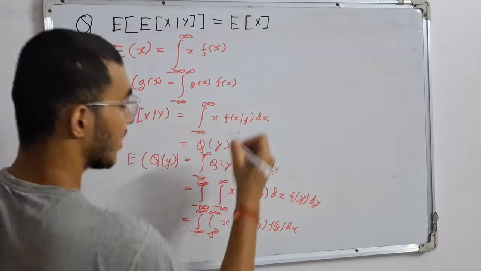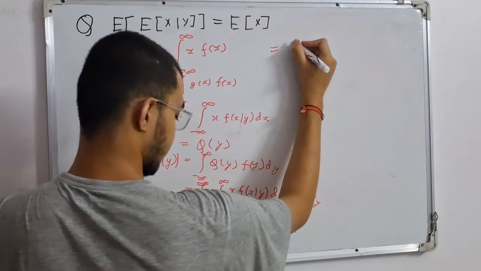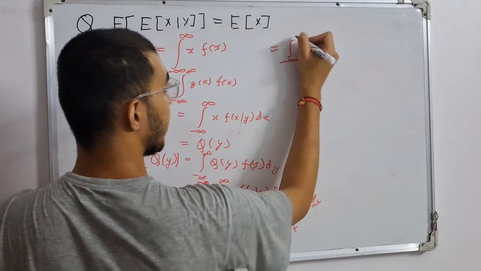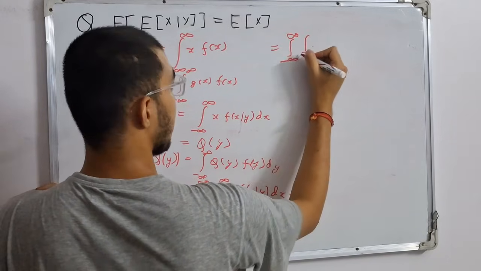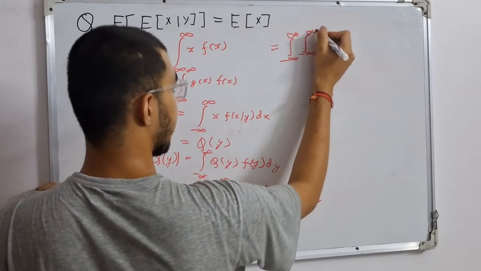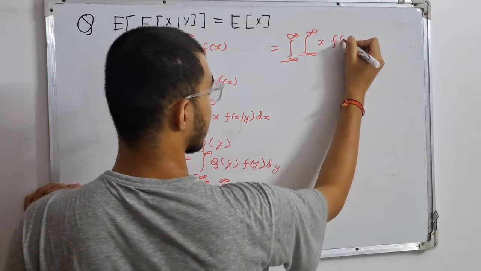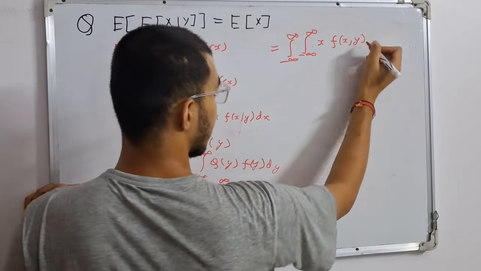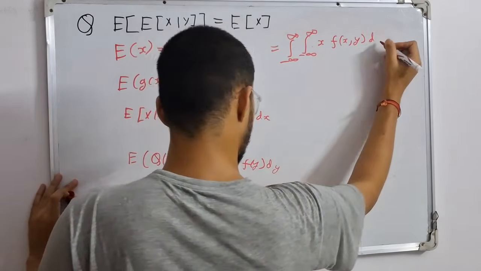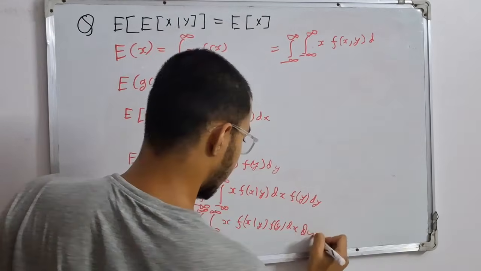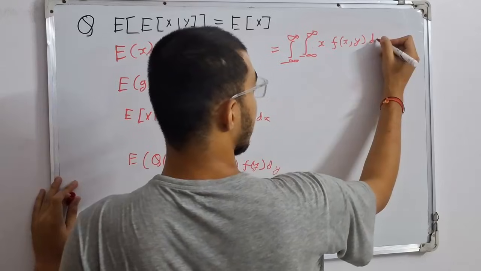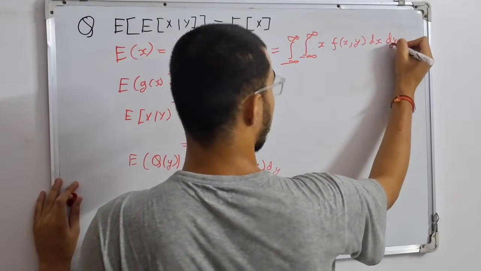So we can write it as integration minus infinity to infinity of x f(x,y) dx dy.